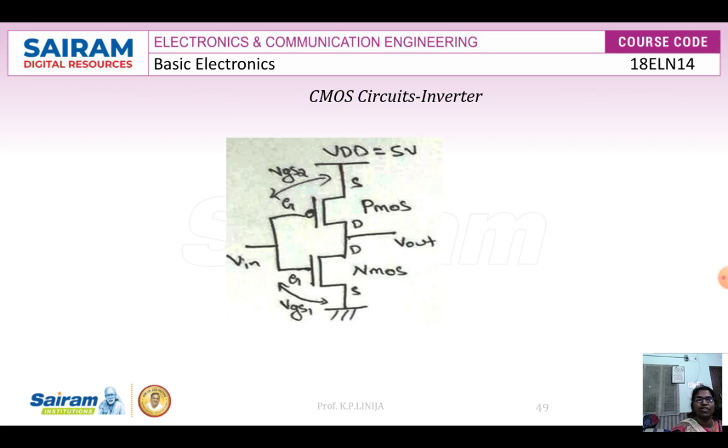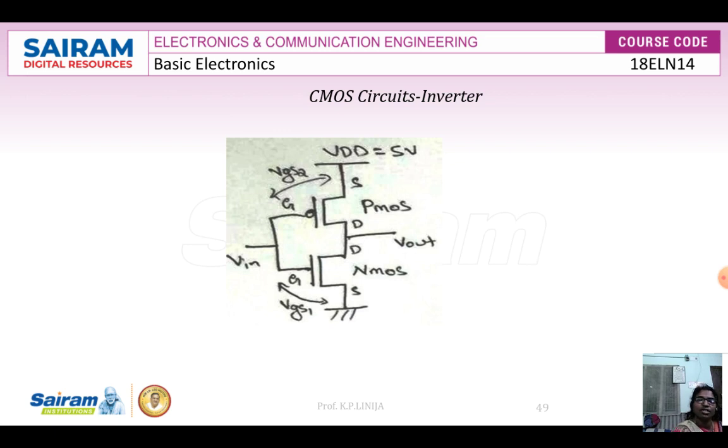So Vin equal to 0 means we are going to calculate two voltage levels, that is VGS1 and VGS2, under Vin equal to 0. Once Vin is equal to 0, VGS2 will be VG minus VS. VS is the source voltage, VG is the gate voltage.